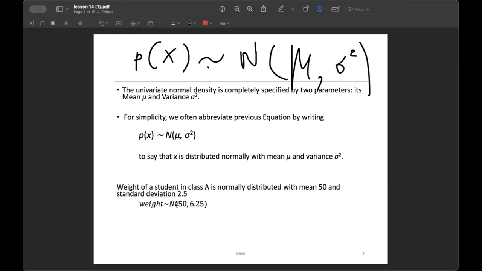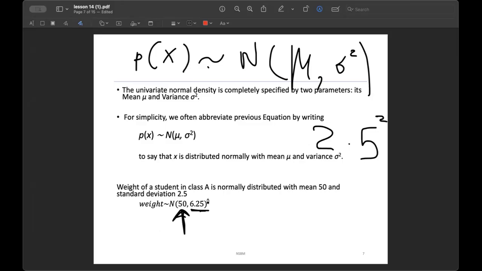The students' weight follows a normal distribution with mean mu, which is 50, and standard deviation 2.5. To find the variance, you have to calculate the square of 2.5, which is 6.25. Is it clear?